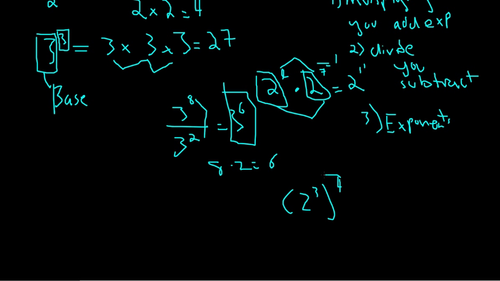So this exponent applies to that bracket. What would you do then? You would just multiply. You take the exponent within the bracket and multiply it with the exponent outside the bracket. So what's 4 times 3? 4 times 3 is 12, so it's going to be 2 to the 12.